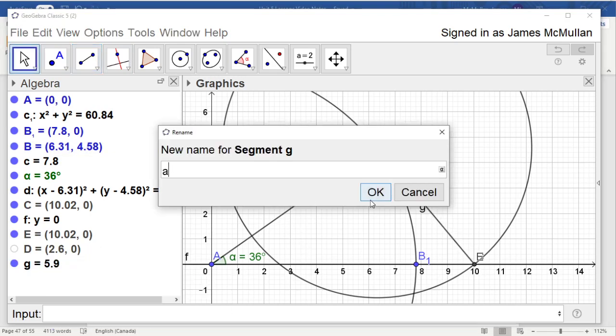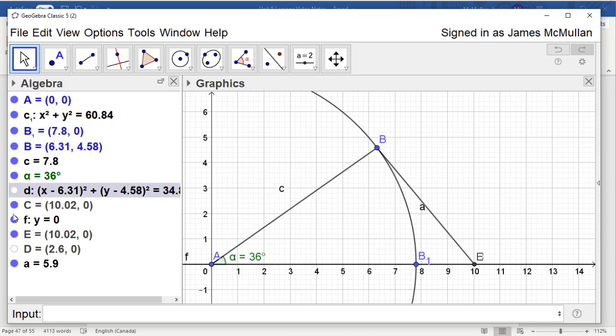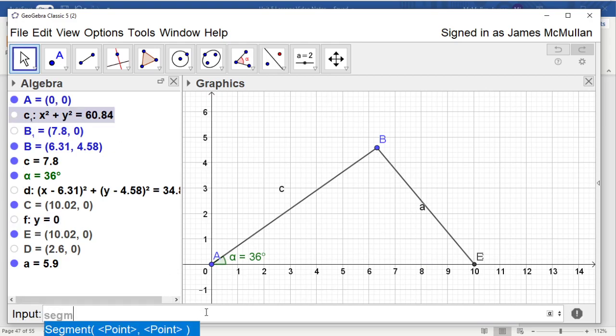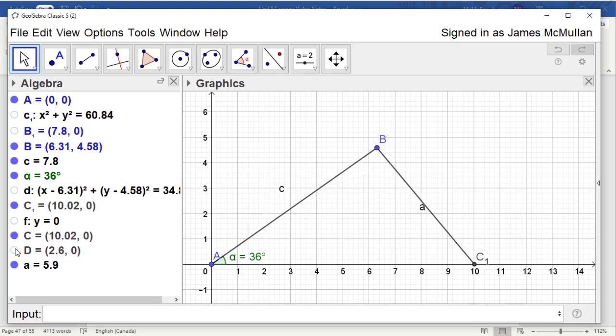Rename this to side a. Get rid of these circles so they're not adding so much extra information. Then we'll draw a segment along the ground, A to C. Just rename this to point C. So that's segment A to C.